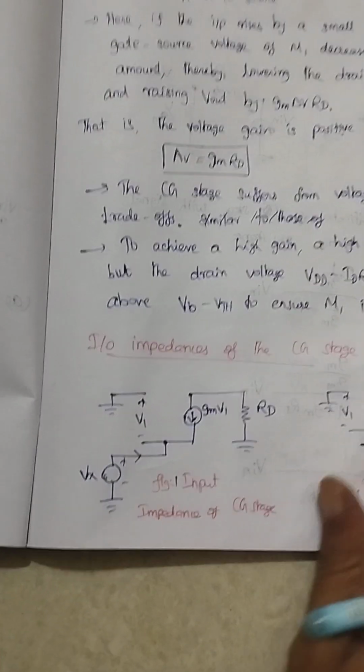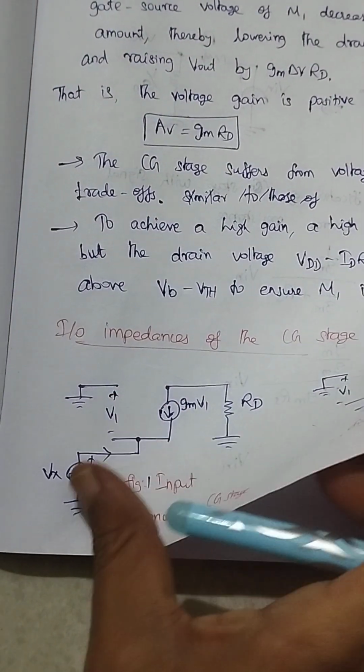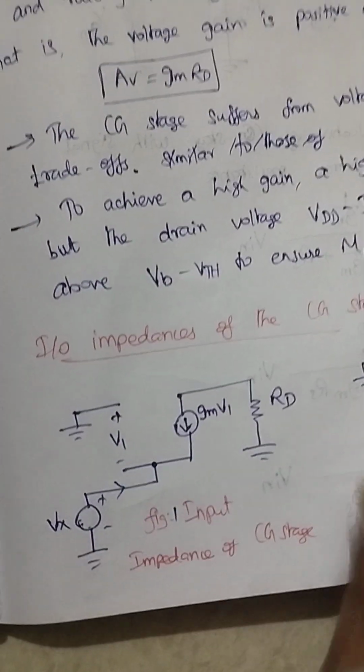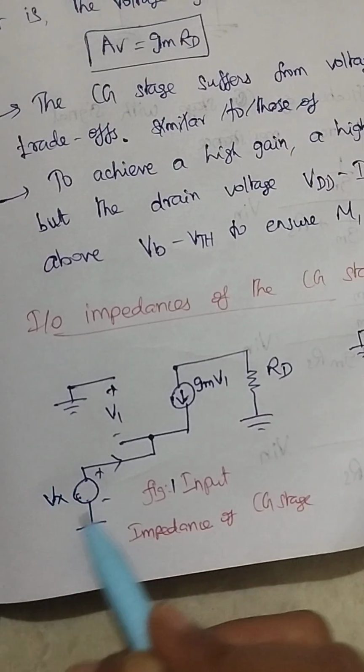Here, what is my input resistance Rin and what is my output resistance Rout. From this circuit we can say V1 equal to minus Vx. So from figure 1 we can say V1 equal to minus Vx. So what is my Ix? What is the current flowing through this Vx? So that is I equal to what?